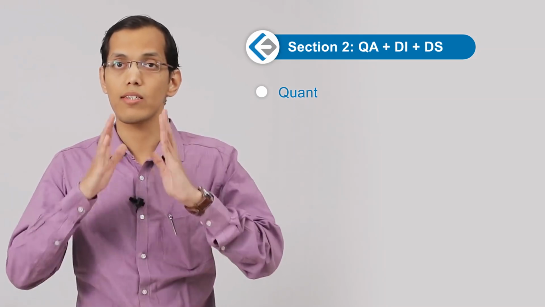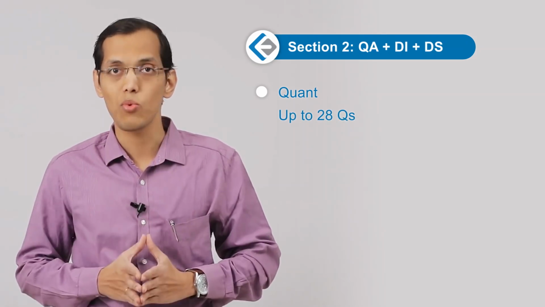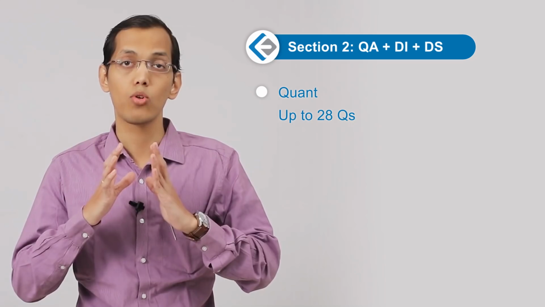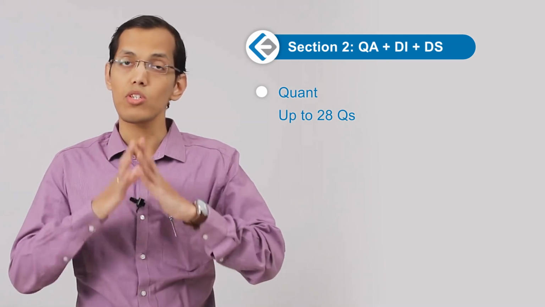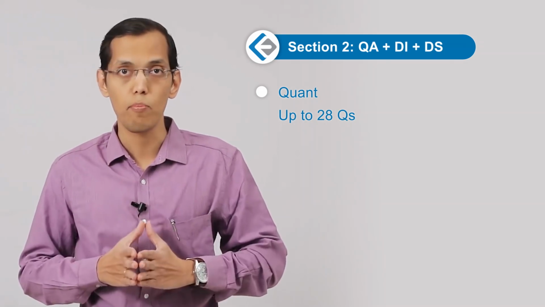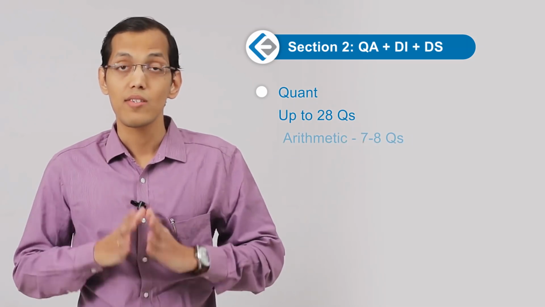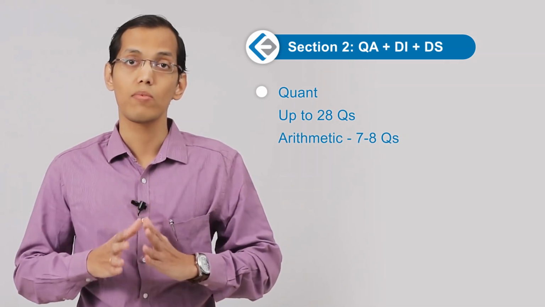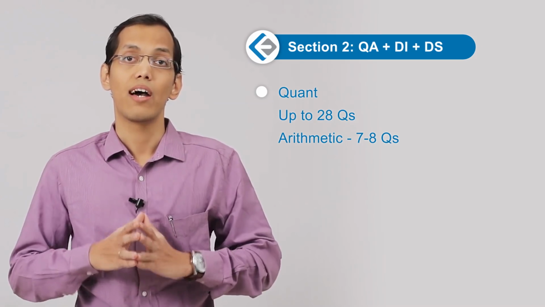Let's start with quant. Out of 35 questions, let's expect up to 28 questions to be of the quantitative region. Out of these 28 questions, based on the last few years' SNAP papers, we can expect 7 to 8 questions to come from the area of arithmetic.